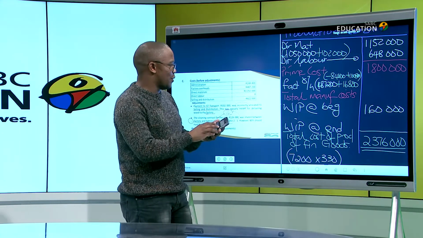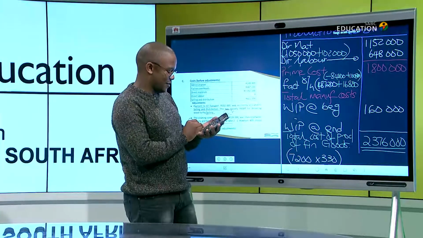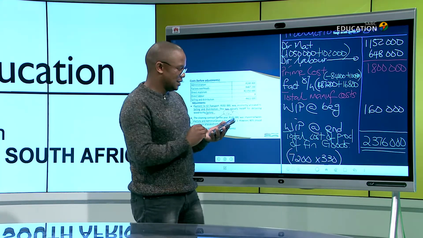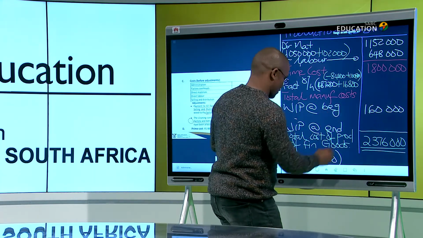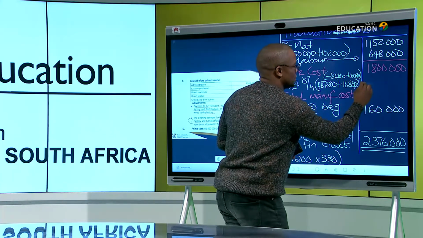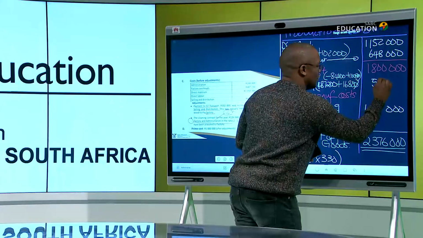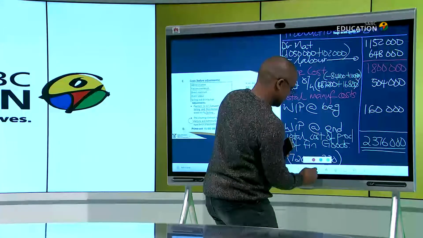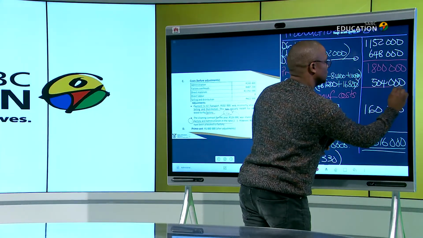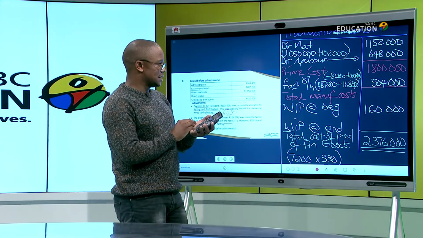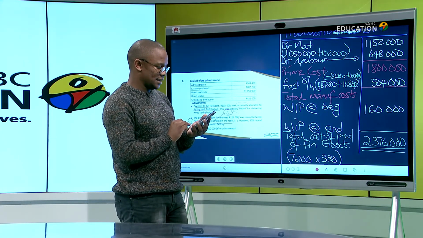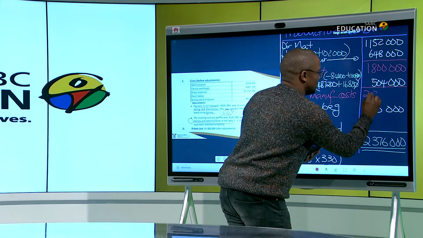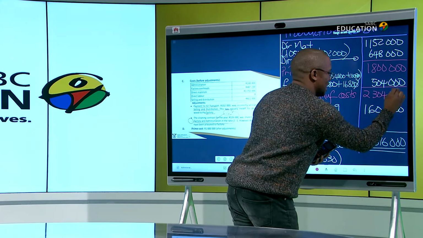Then let's calculate our factory overheads. 487,200 plus 16,800. That equals to 504,000. So it will be 504,000. Let us add the two plus 1,800,000. That will be 2,304,000.